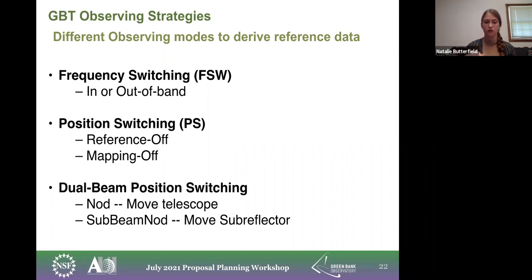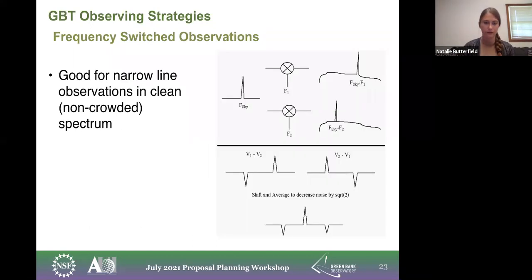Anywhere that you see dual beam or nodding, that's what it means: you're nodding between different beams in your receiver. All right, so that's just a brief summary of the different types of switching modes that you have.